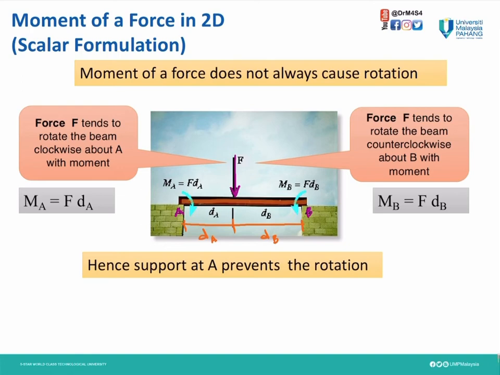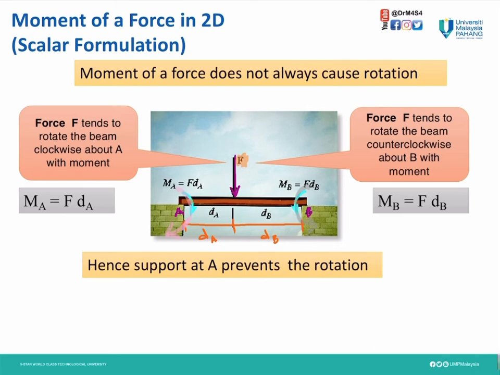Due to the force we apply here, the beam is going to rotate. At point A it's going to rotate clockwise, while at B it is going to rotate anti-clockwise.